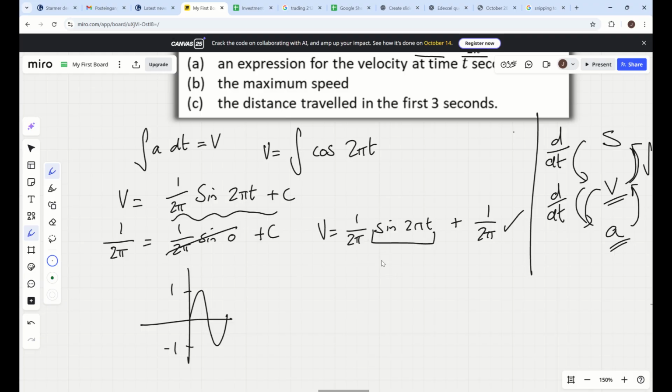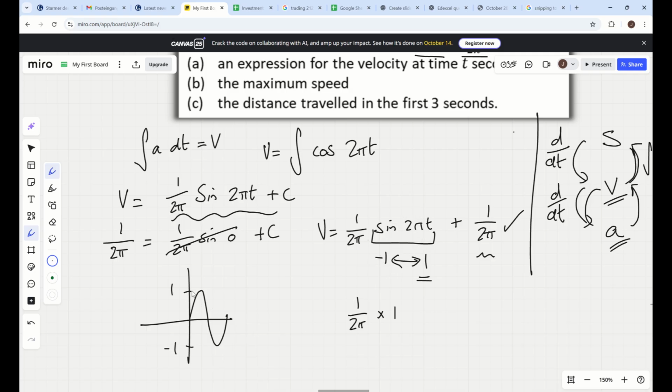So that bit there will always be between 1 and minus 1. So when do you get the maximum? Well, because you've got this positive bit here as well, it will happen when we pick 1, because you'll get 1 over 2 pi times 1. The sine graph will give you 1.